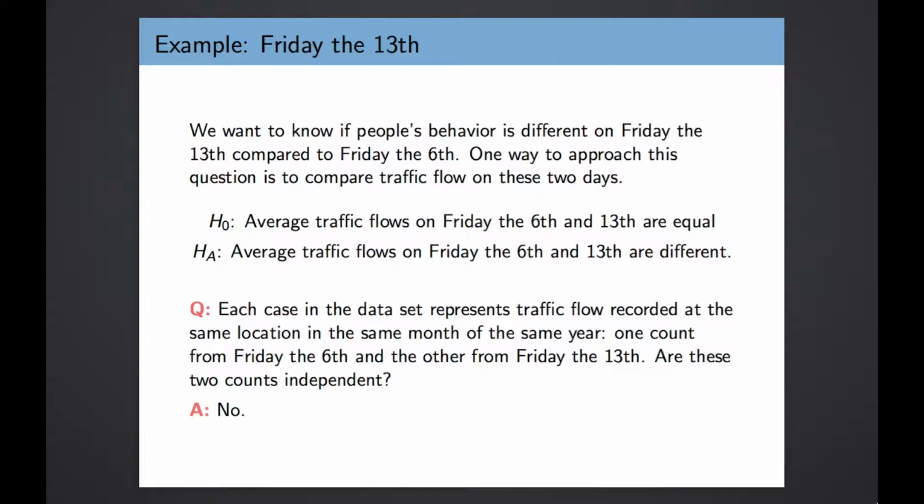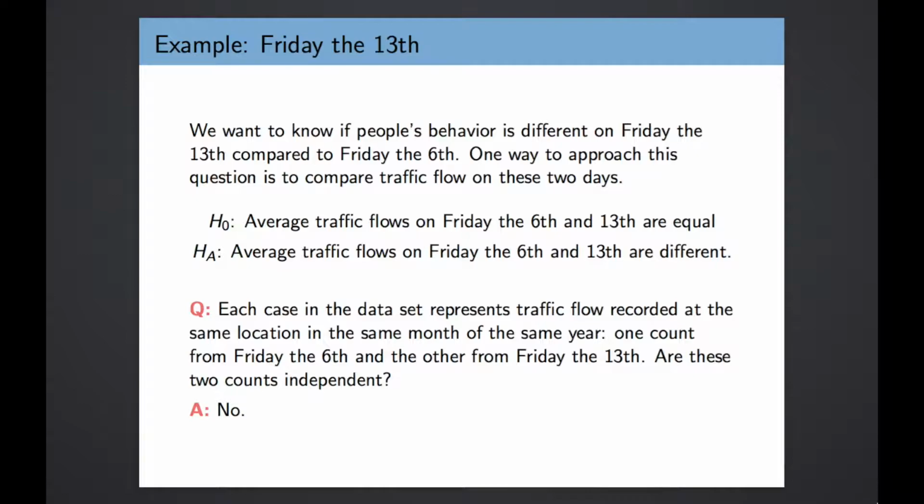So if you have information about what traffic flows are like on Friday the 6th in a particular place, does that give you useful information about what traffic flows are likely to be like the following week in the same place? Probably so. If you have a regular commute, you're probably pretty good at predicting how heavy the traffic is going to be at different parts of the day so that you know how to plan your commute.